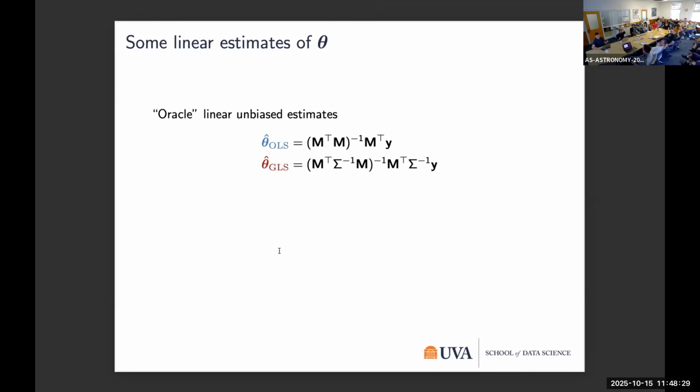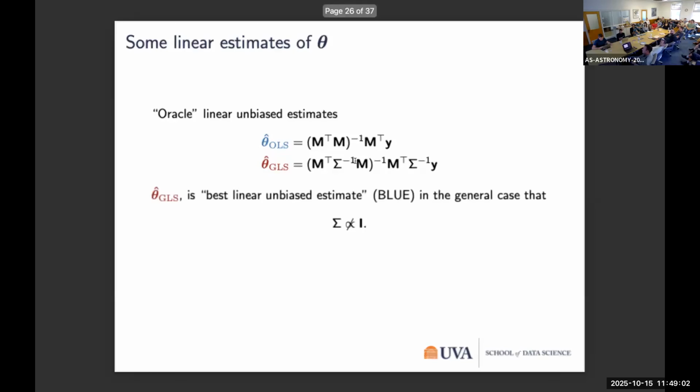All right, so if we knew the M and the sigma, then we could obtain what I'll call these oracle estimates, meaning we know these true quantities, which we don't actually have access to. But if we did, then here are some oracle linear unbiased estimates. One is the ordinary least squares estimate, which uses the matrix of fluorescence profile means and just solves the least squares problem. The other one is called the generalized least squares estimate, which uses both these true means and then also this true error covariance matrix.